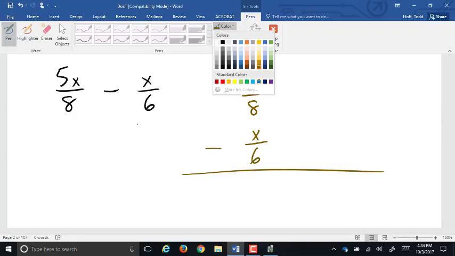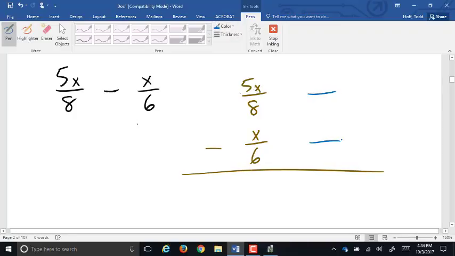Just like addition, we must have a common denominator. Well, we have 8 and 6. What's our common denominator going to be? 24. Very good. The variables, the x's, don't affect that a bit in this case. What do we have to do to the 8 to turn it into a 24?